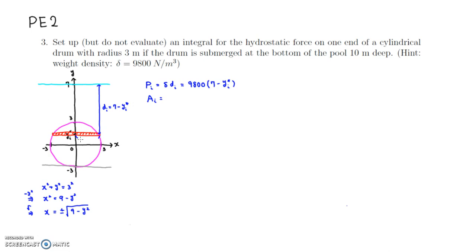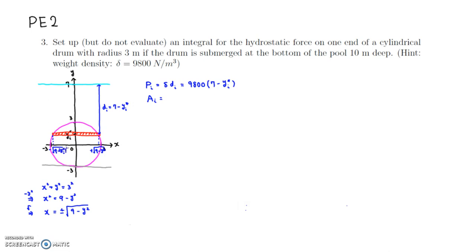So the value on one side is the positive square root of 9 minus y squared, and the x value on the other side is the negative square root of 9 minus yi star squared.